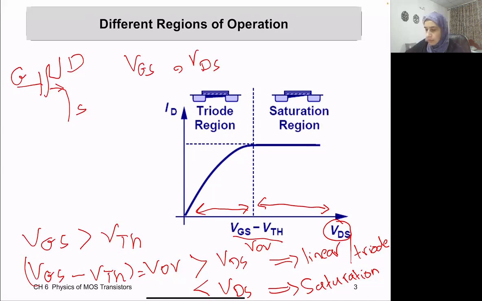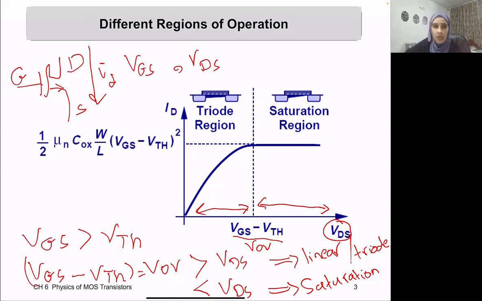The current of the transistor, ID, is going to be decided according to this operating region. In the saturation region, ID will be equal to half mu n COX W over L times (VGS minus V threshold) squared.